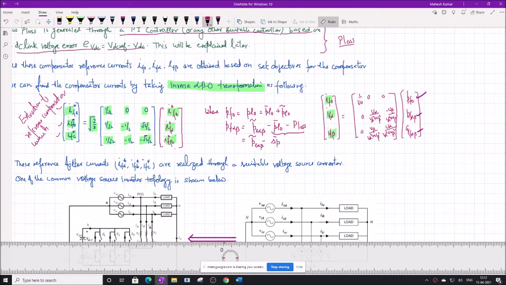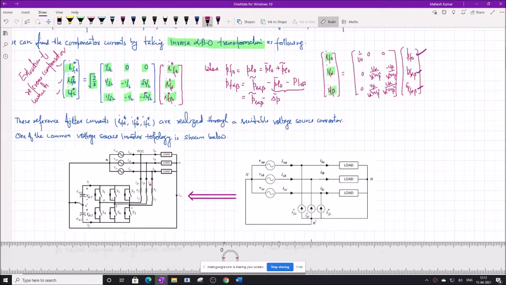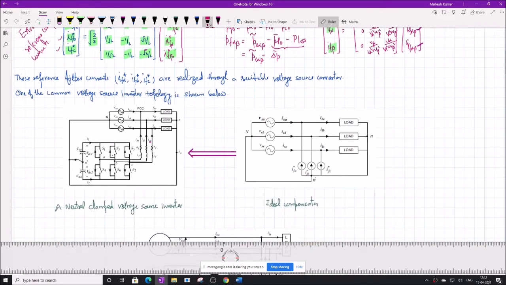So once we know IFA star, IFB star, IFC star, star means the reference value, the ideal value which is supposed to be injected. You can see here that if this is the ideal compensator, then IFA star, IFB star, IFC star are the currents of an ideal compensator.